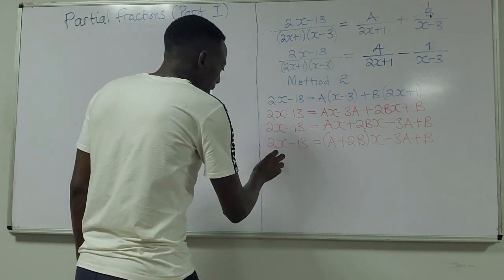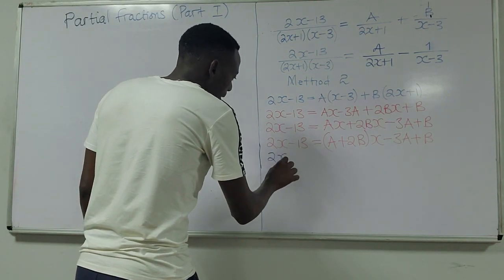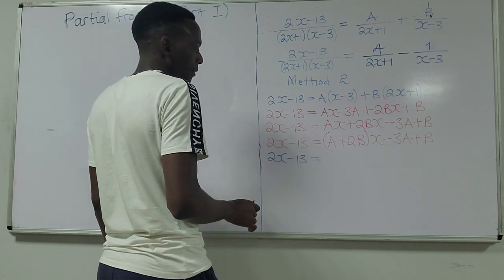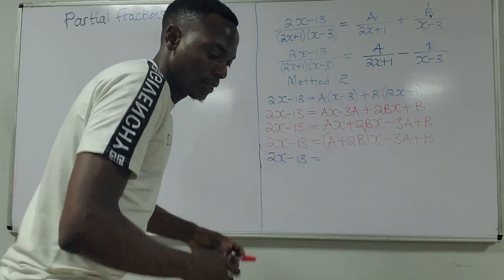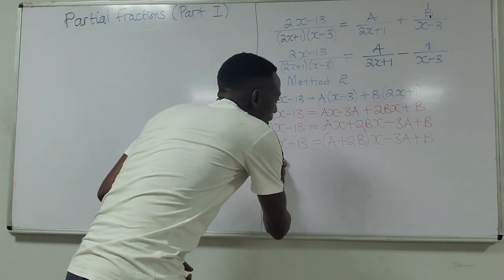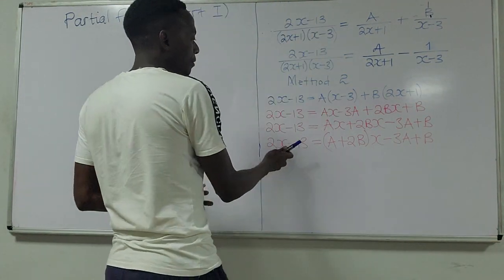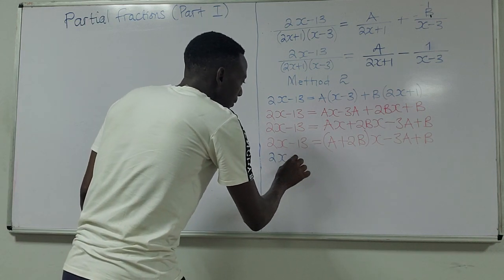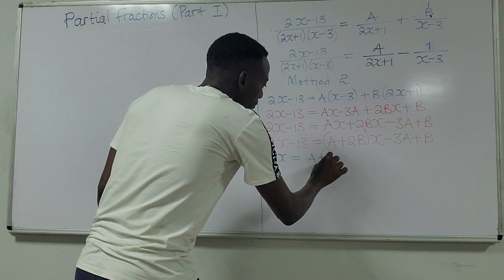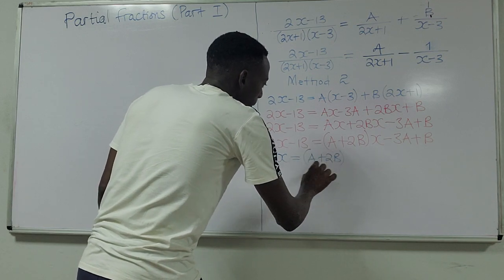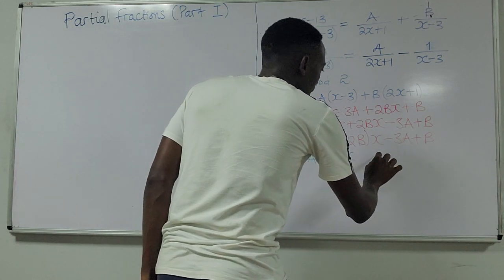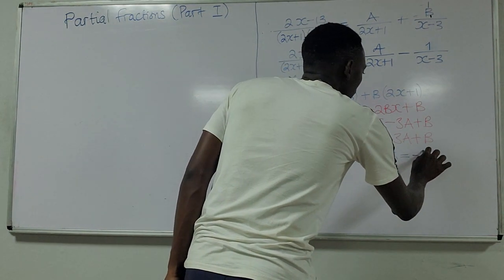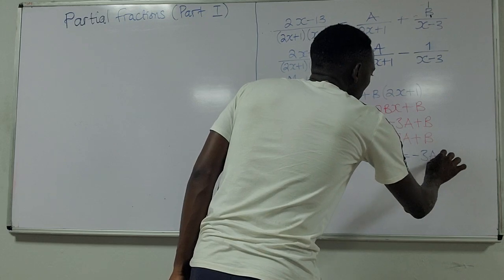So again, 2x minus 13 is equal to this. Since we have already expanded, now we equate whatever has got x. So 2x is equal to a plus 2b x, and negative 13 is equal to negative 3a plus b.